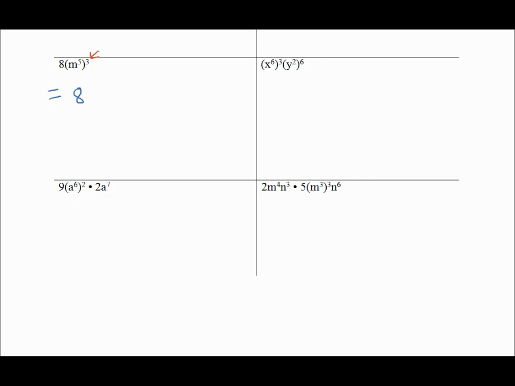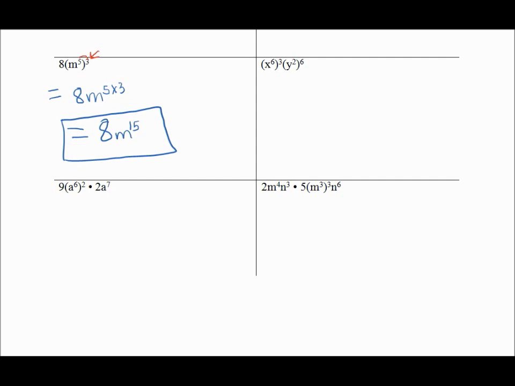I'm going to bring the 8 down. And so now I'll apply the rule. The rule said to multiply the exponents. So I'll multiply 5 times 3 to get my new exponent. So my final answer becomes 8 m to the 15th power. That's my final answer.